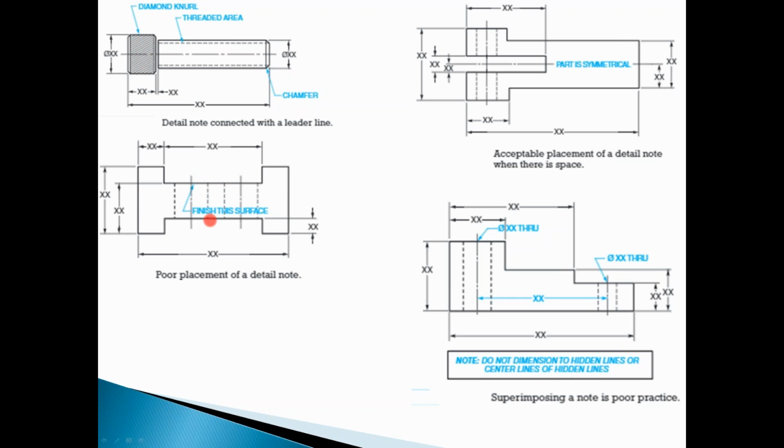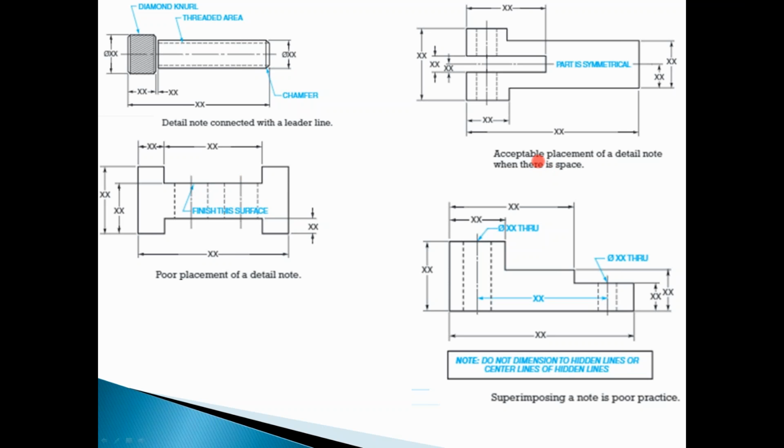And then this is the example that has a poor placement of detail notes, and you don't want to put the text in the area where you have a lot of lines in conflict with your text or overlapping. This case is not going to give you a good presentation.